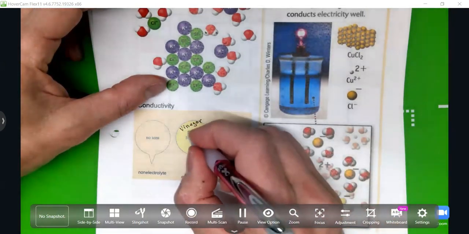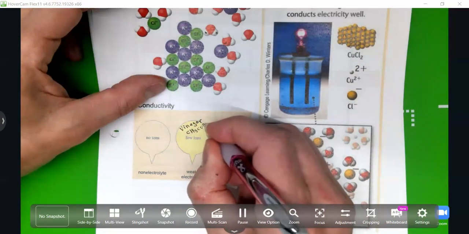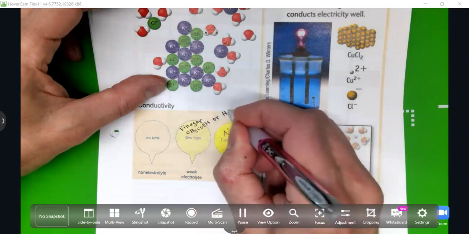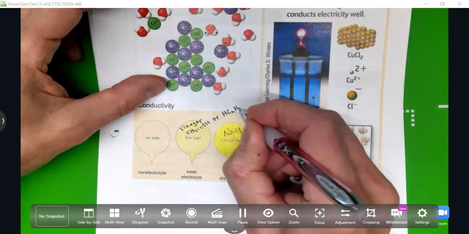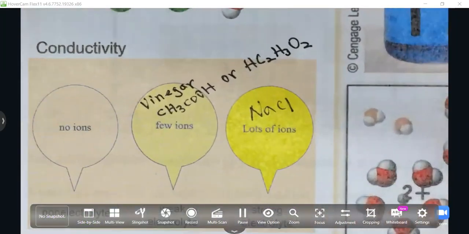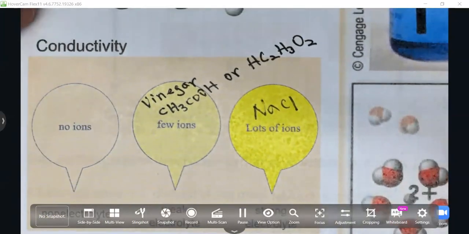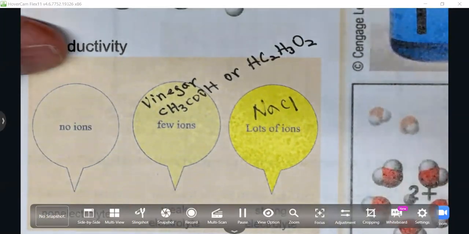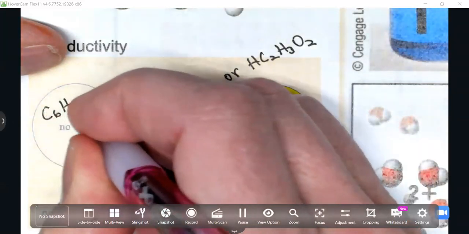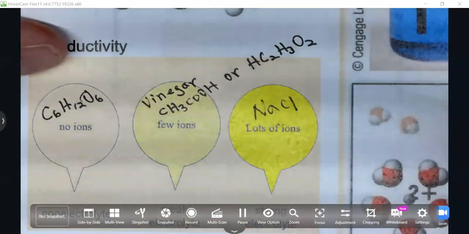And vinegar is CH3COOH. You're going to see this coming up a lot. Or HC2H3O2. And no ions. I don't know, let's see, some compound like this. Or something that does not dissolve in water at all.